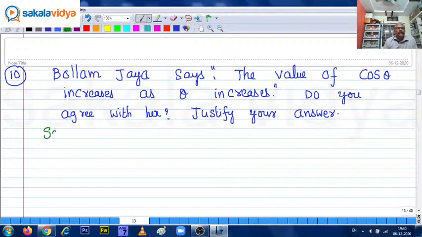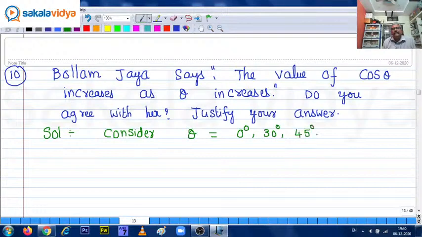So now write down the solution like this. Now consider theta values: 0 degrees, 30 degrees, 45 degrees, 60 degrees and 90 degrees. Write down the respective values of cos theta.